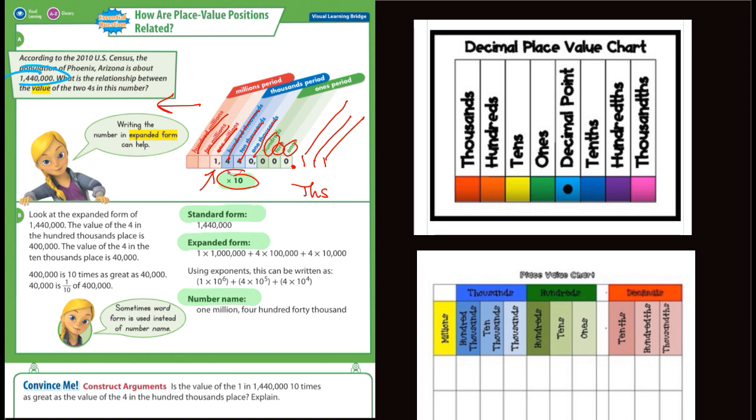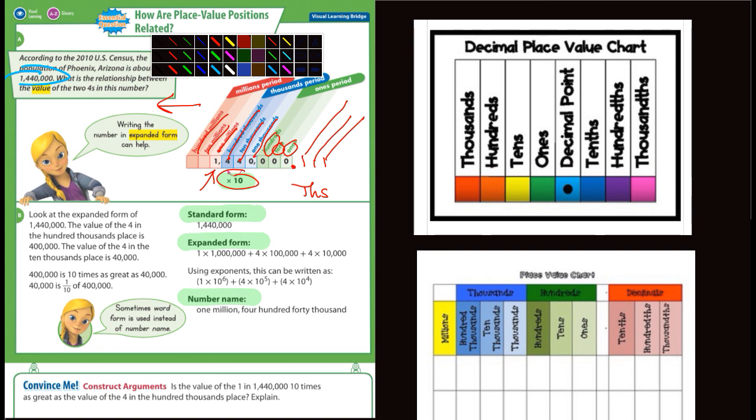Okay, so look at this top one. Here we have the thousandths, the hundredths, tens, ones, and here's where the decimal would go, and the tenths, hundredths, thousandths, all with THS endings.